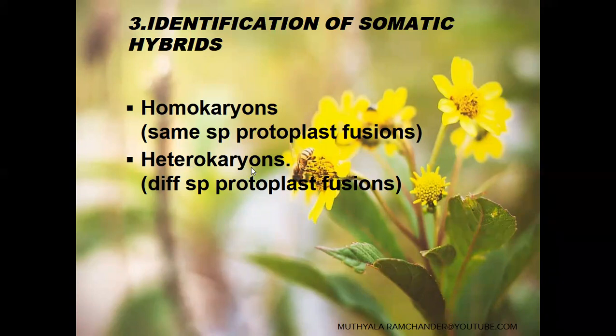So these heterokaryons are cultured on the nutrient medium. They produce new variety of characters. The variety of characters are expressed by the heterokaryons only. Heterokaryons means different species of protoplast fusion.